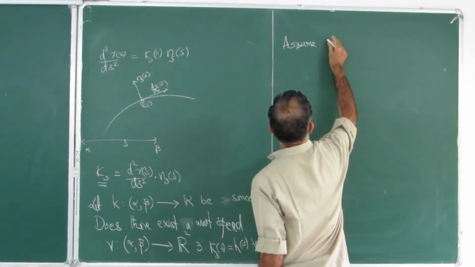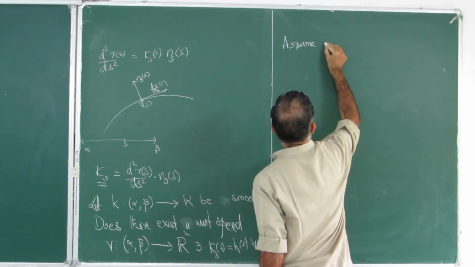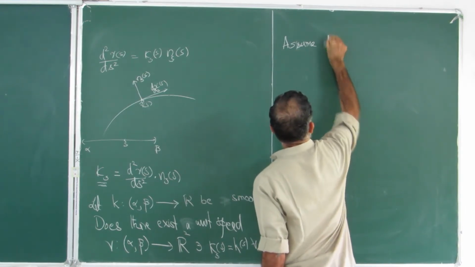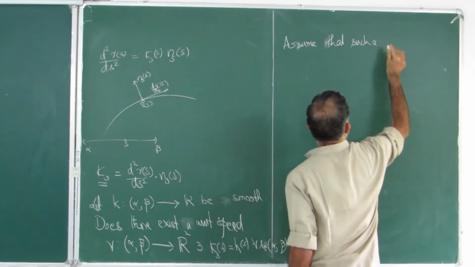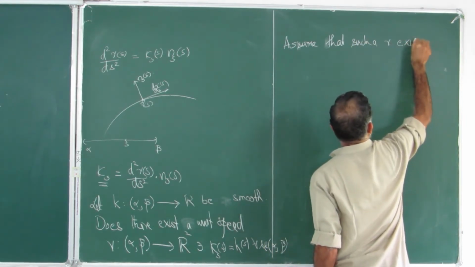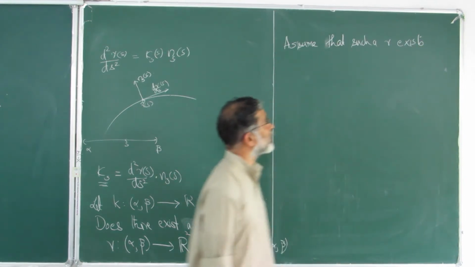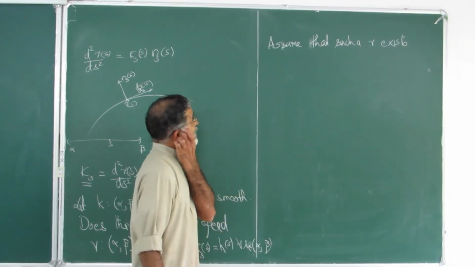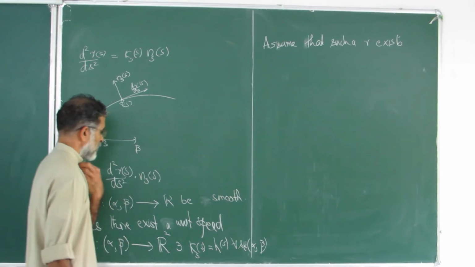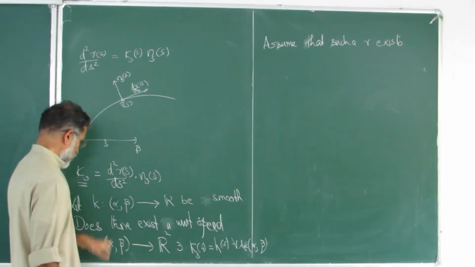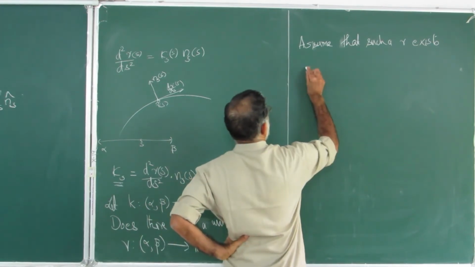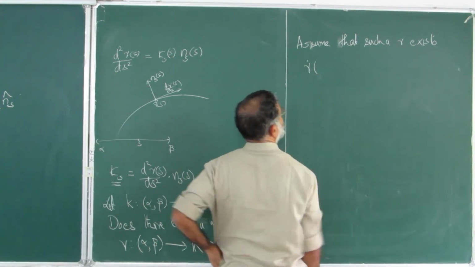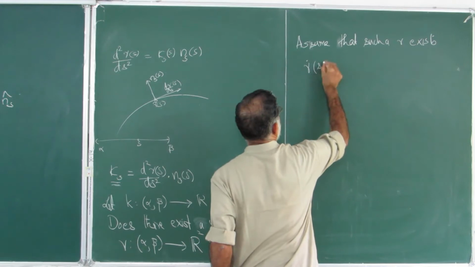Assume that such a gamma exists. So what does it mean? We have to relate to this. So gamma dot at a point s.